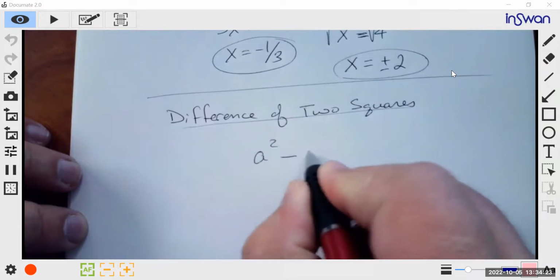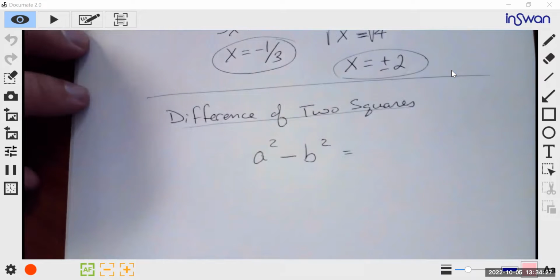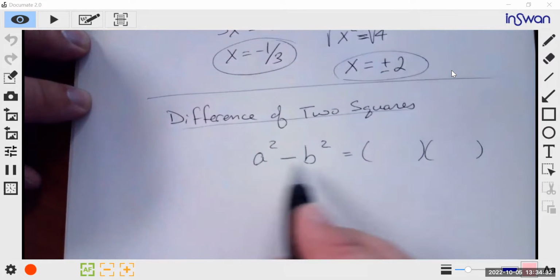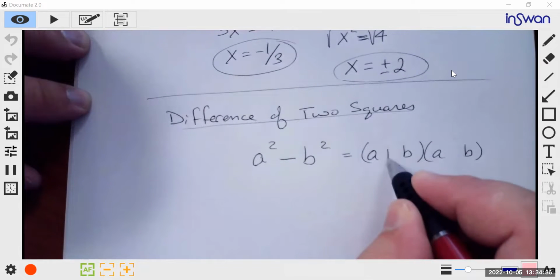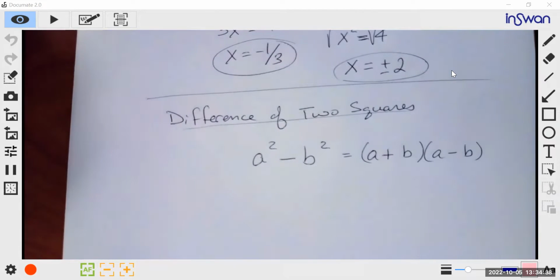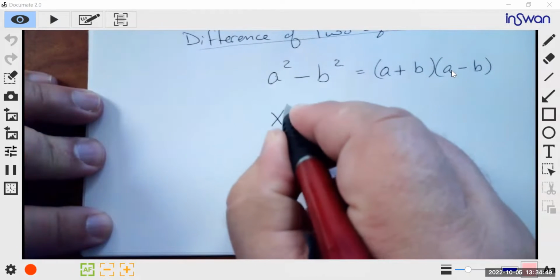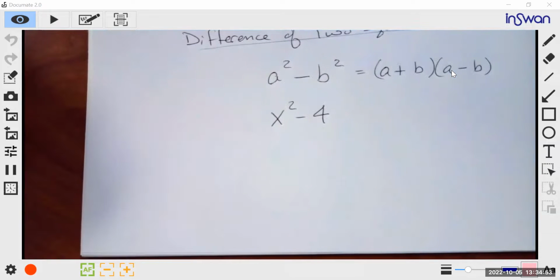If I have two numbers that are both squared and they're minused, I can factor those into, they're both going to be A, B. One's going to be positive, one's going to be negative. So factor that one out.